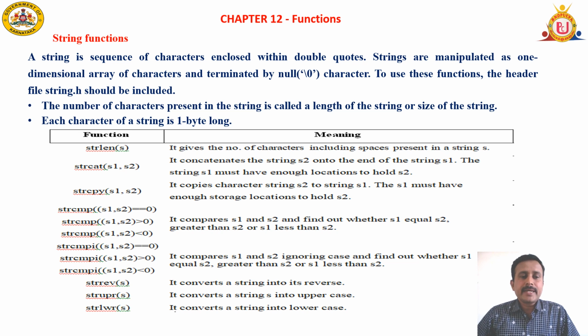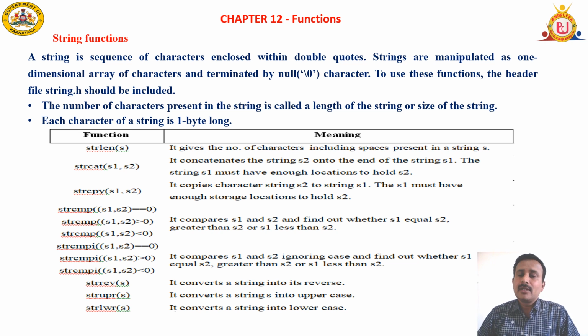Next, second one, strcat. CAT means concatenation, string concatenation. Suppose you have two strings; to join two strings, we are going to use the function called strcat, string concatenation. In this syntax, I have given strcat of s1 comma s2. s1 is the first string, s2 is the second string. It is going to join both the strings.